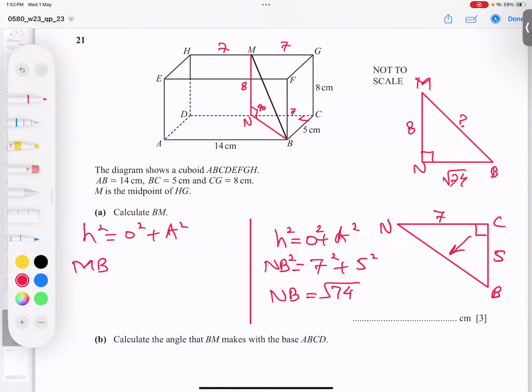Root 74 squared, here I got 64, here I got 74, because root and square cancel out, 74 plus 64. If I take the root of this, it is actually root 138, and in decimal I'm getting 11.73 to 3 significant figures.